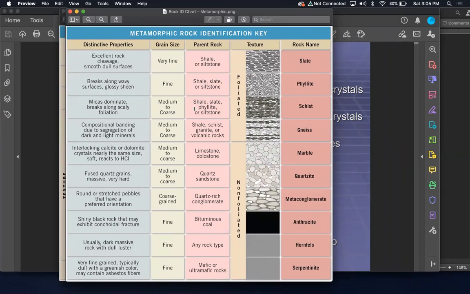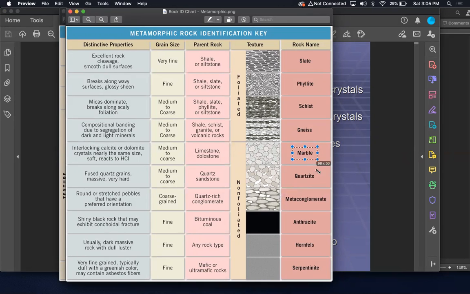So real fast, you have 4 options when it's a foliated rock. So knowing that that layering is going on is super, super helpful. Now going down to the non-foliated ones, that's where you start to see some of the crystals, and there's some other issues down here like metaconglomerate. These are specific situations where what used to be a conglomerate gets heated and pressured so that it distorts the little pebbles that are in it, and you would see that very clearly.